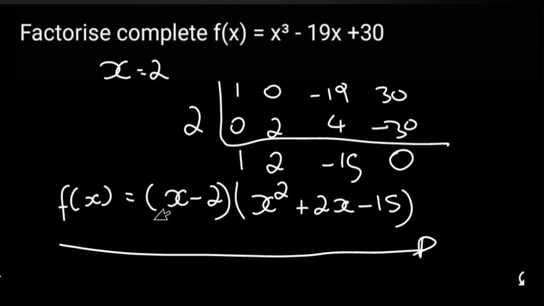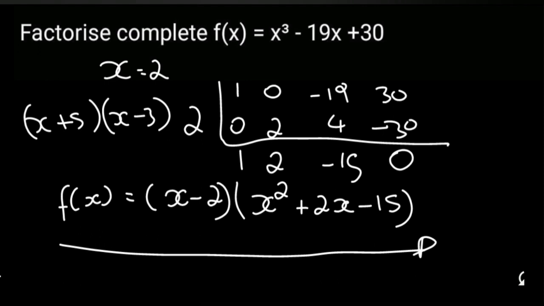If you like, you can also factorize this part. You need to find two numbers that multiply to give you negative 15. Those numbers are 3 and 5, so it's going to be positive 5 and negative 3. That's how you can factorize this completely.